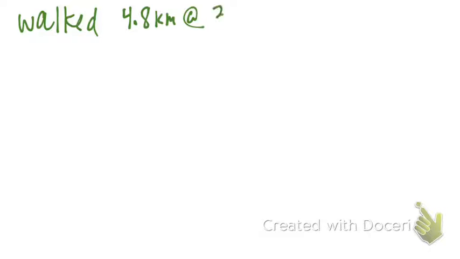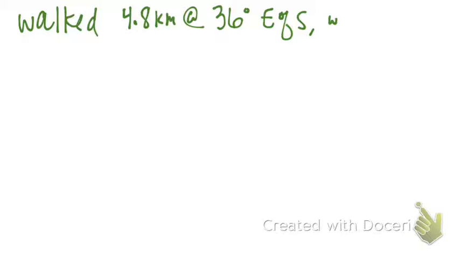So we're just going to dive into a couple practices, and we'll add some vectors as we go. Let's say someone walked 500 miles. And then 500 more. Walked 4.8 kilometers at 36 degrees east of south.